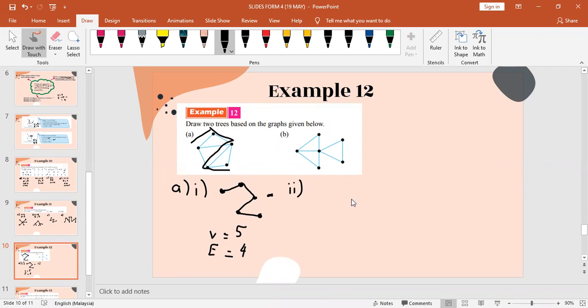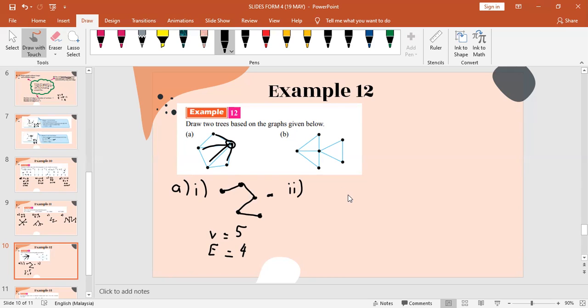We can draw it like this. We can take this one, and then this one, and this one, and also this one. It means all of the vertices are connected with only one edge, not connected in extra ways.